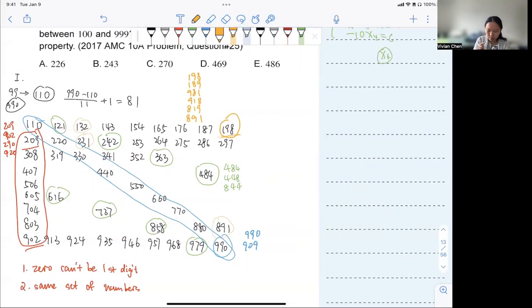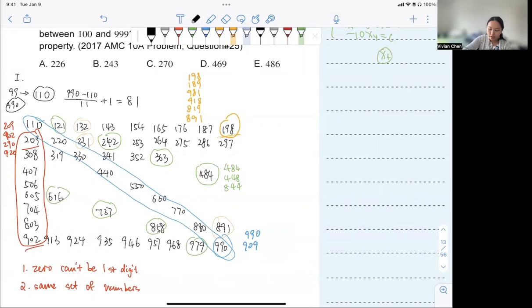So yes, for each of them, similar to the case in red, you can only count them once because if you change the, yeah, this is actually a property of the multiples of 11. If you change the first digit and the third digit for all 3-digit multiples of 11, it will still be a multiple of 11.